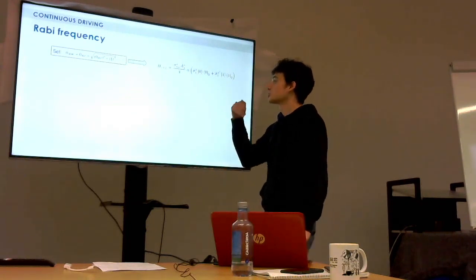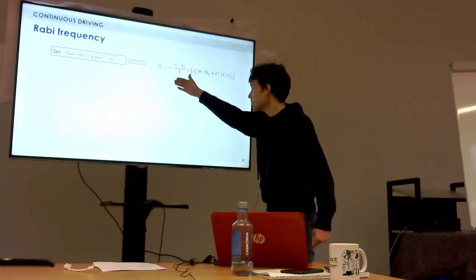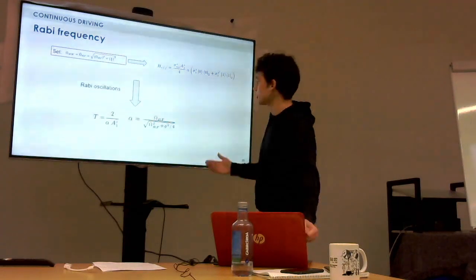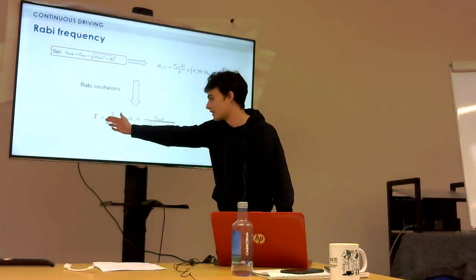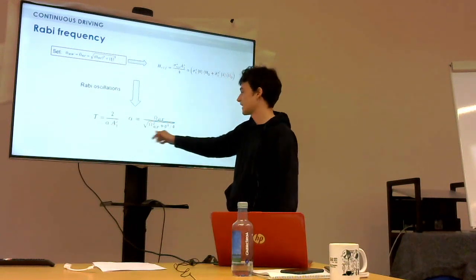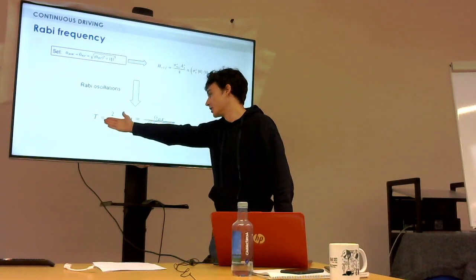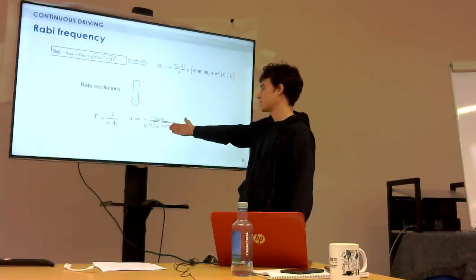In principle, we should be able to see the Rabi oscillations following this Hamiltonian, and notice how the period of this Rabi oscillation will be related to this alpha coefficient, where alpha had this expression. So if we are able to measure the period, we will be able to measure alpha and again extract G from this measurement.